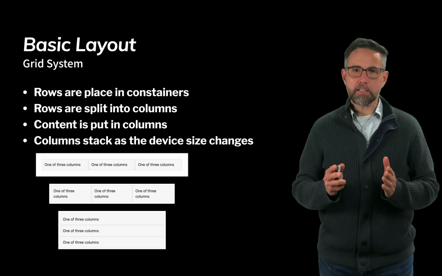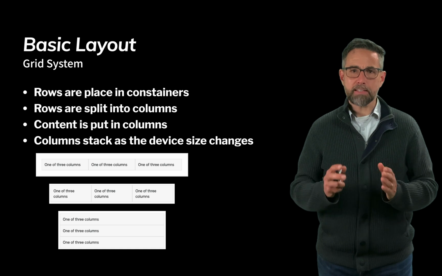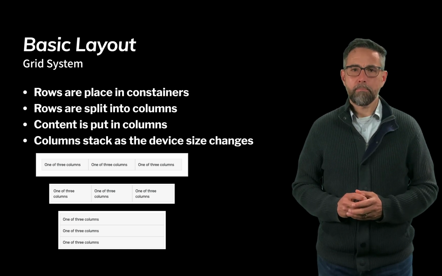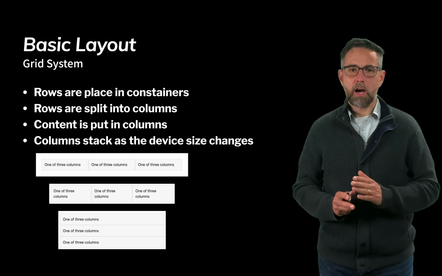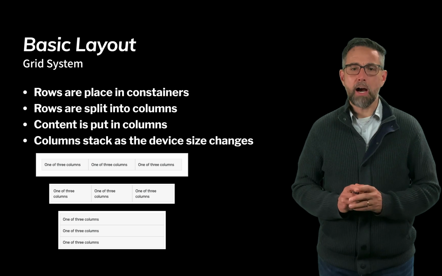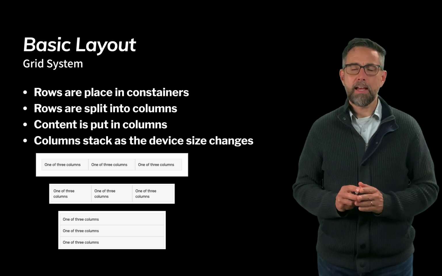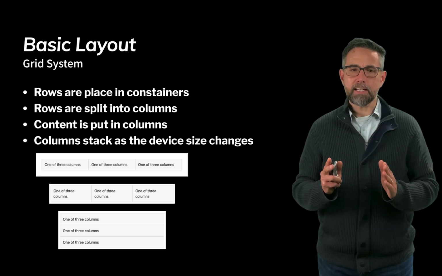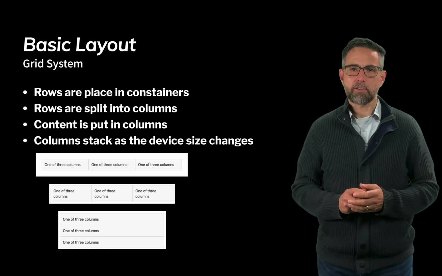So we can see that in this first screenshot, we have 3 equal-sized columns inside one row. That one row is inside one container. When the device size is large enough, the content for each of those 3 columns, the text, is laid out on one line, with the complete sentence. As the screen size shifts, the columns remain equidistant, but the content within them wraps to form more of a paragraph presentation.